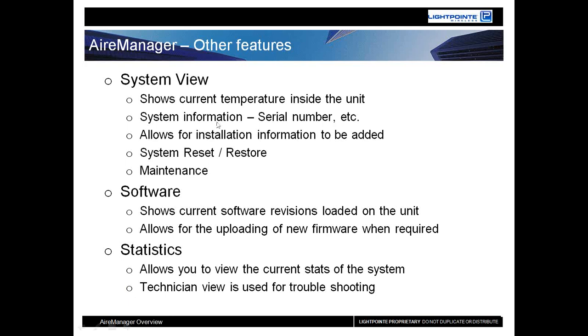And the system view is really designed to allow you to look at information about the unit. Same thing with software. Although in the software section, should we have a firmware release that you would like to take advantage of, you are able to upload the new firmware or content files. And I'll show you more about that in just a moment.